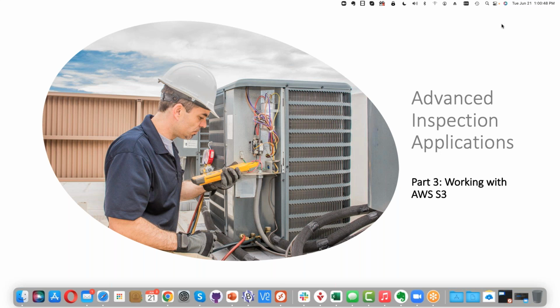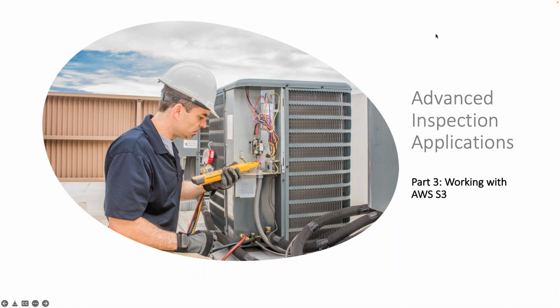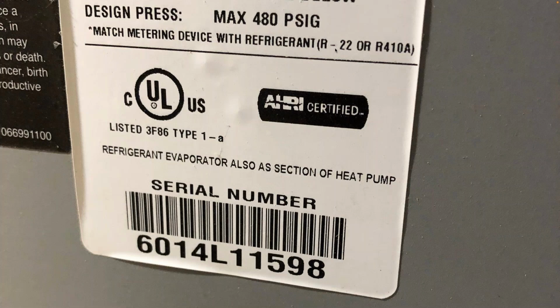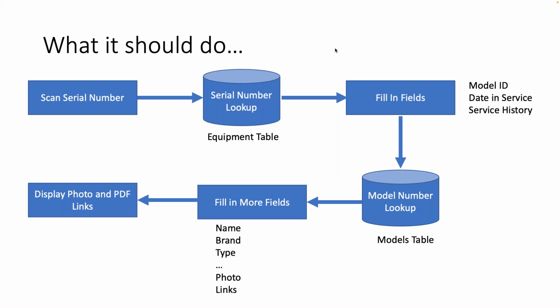So in the past parts of this series, we've shown this example with a person who's out in the field with a mobile device, maybe doesn't have an internet connection, and wants to, say, scan a barcode, maybe on a piece of equipment, and have that barcode tell them lots of pieces of information about the particular piece of equipment that they are inspecting.